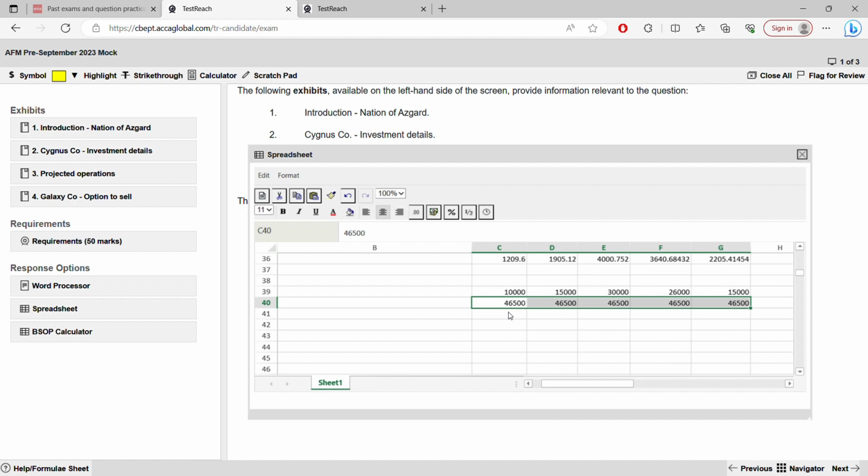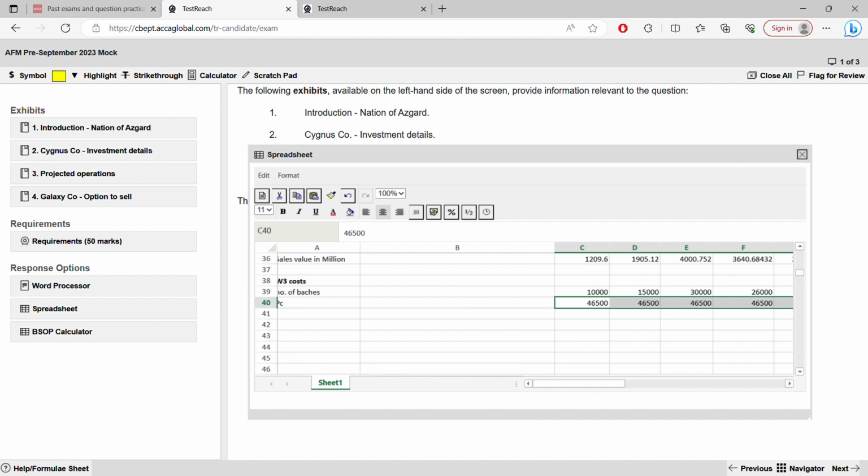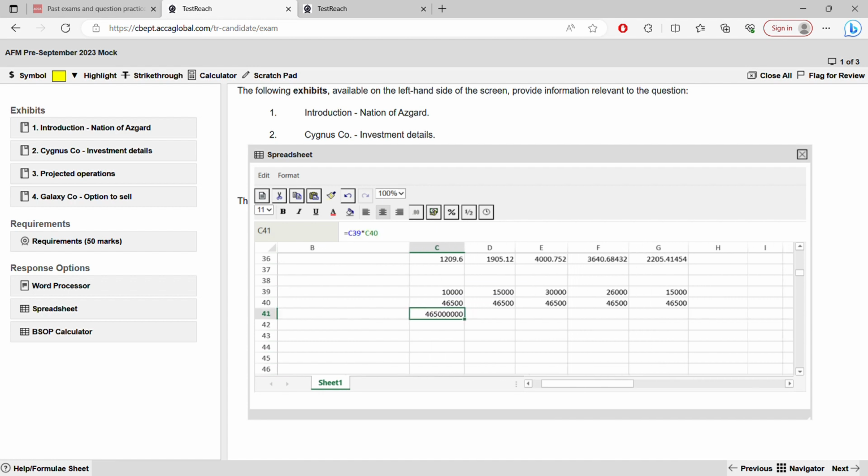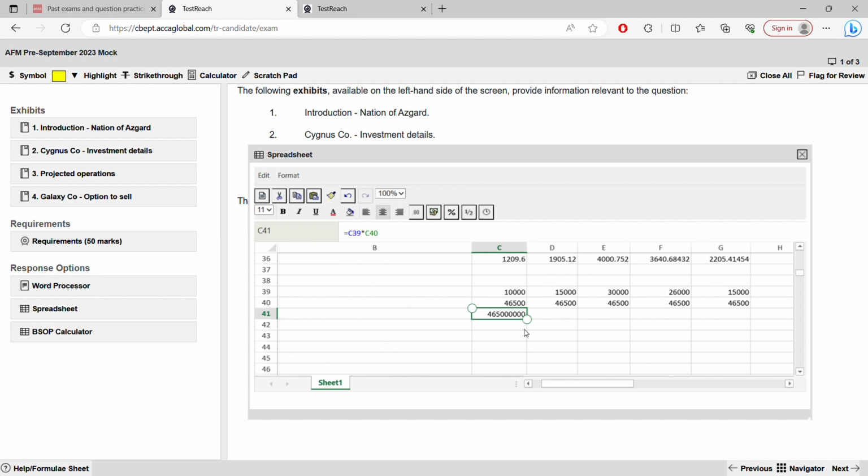Production cost, right? Simply multiply this by this amount. Enter. And drag it to the other cell.